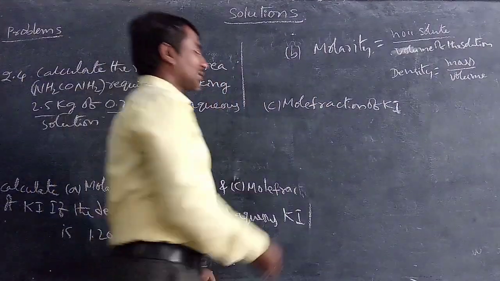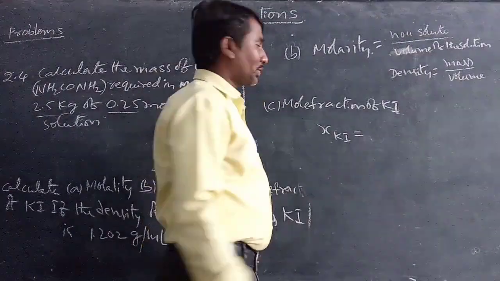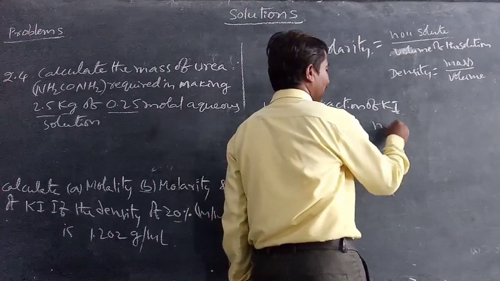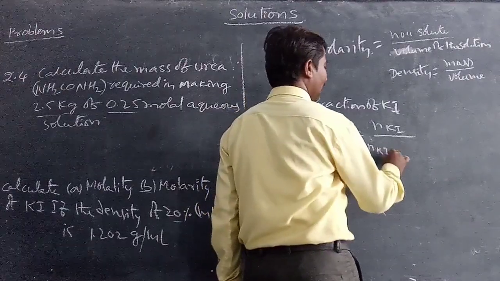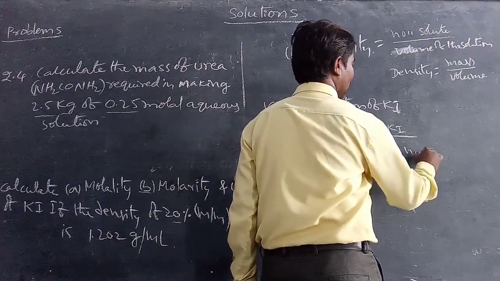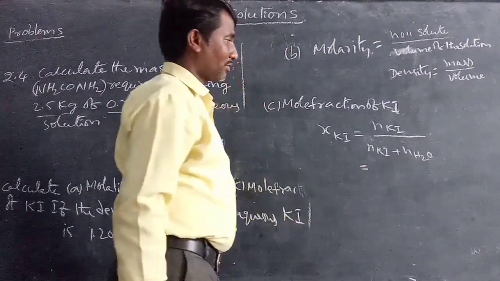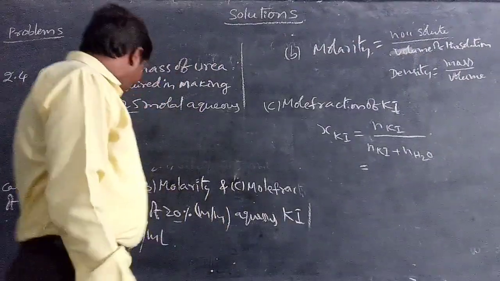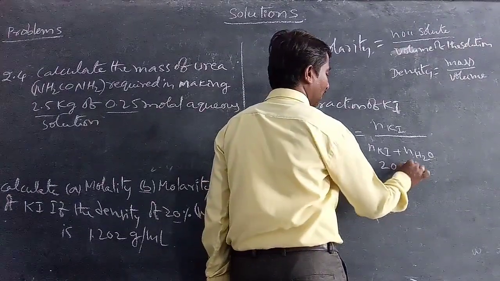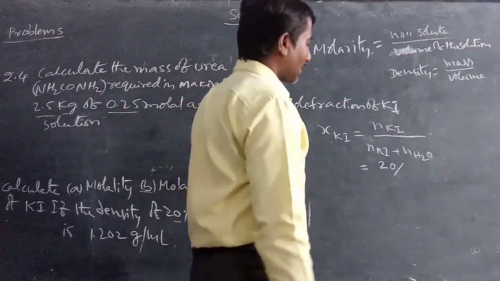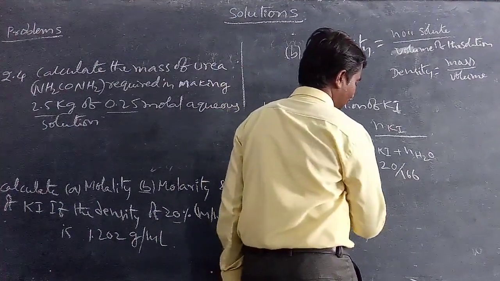So mole fraction of KI, X of KI, equals the number of moles of KI divided by the number of moles of KI plus the number of moles of water. The number of moles of KI is weight by molecular weight: 20 by 166.